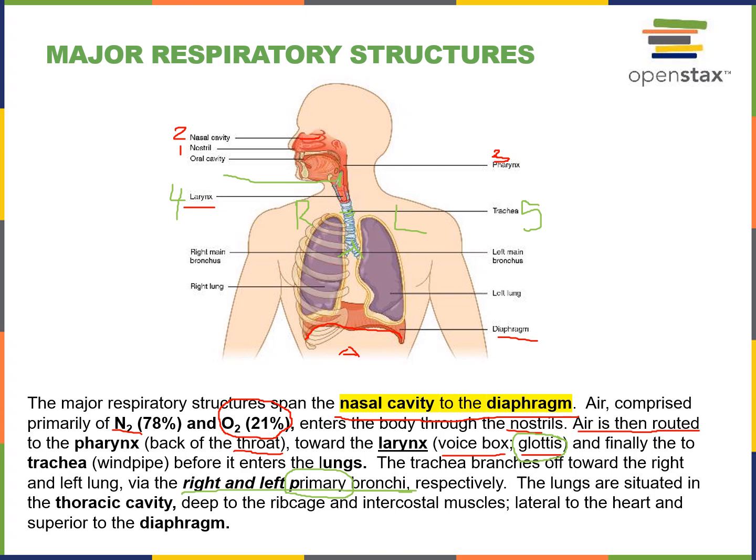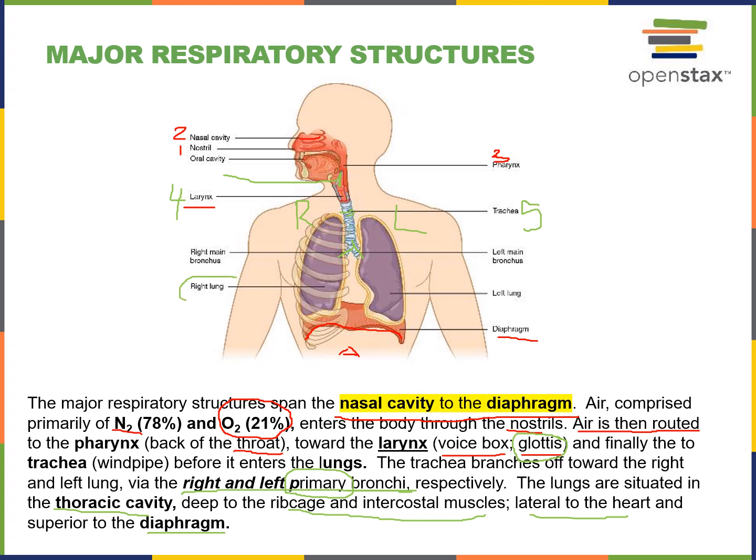The lungs are situated in the thoracic cavity, which I think you should know by now, and deep to the rib cage and intercostal muscles. Intercostal muscles are attached to the ribs and allow the ribs to move when we breathe. The lungs are lateral to the heart, and of course superior to the diaphragm. The right lung actually has 3 lobes, not easy to see on the diagram here.